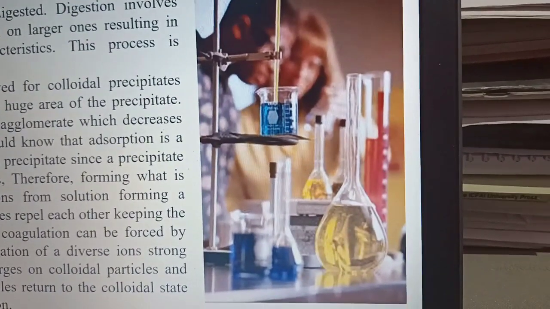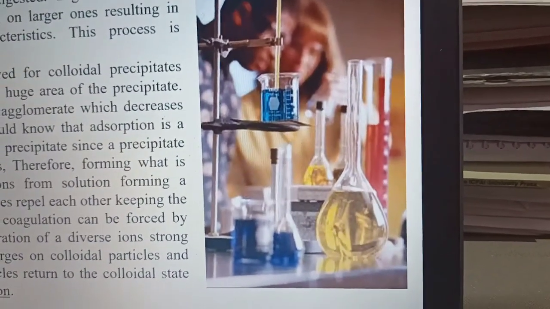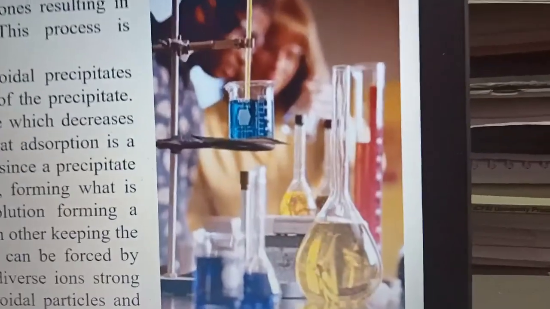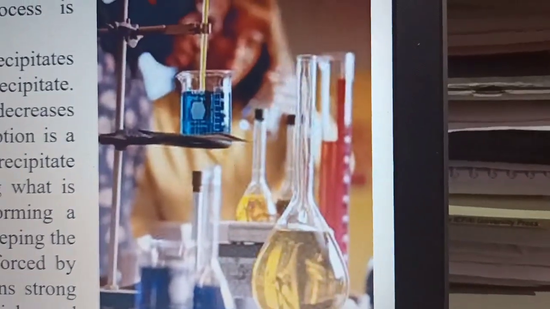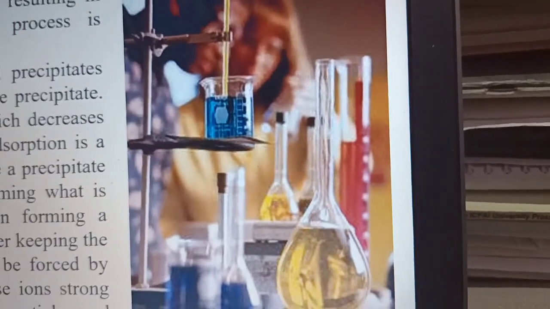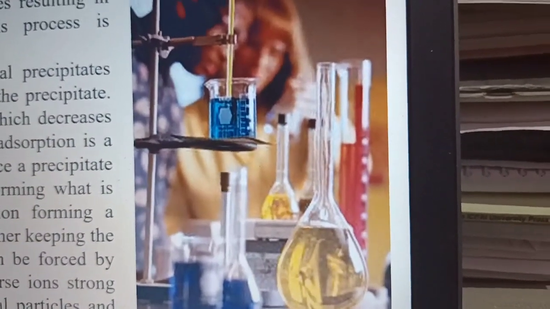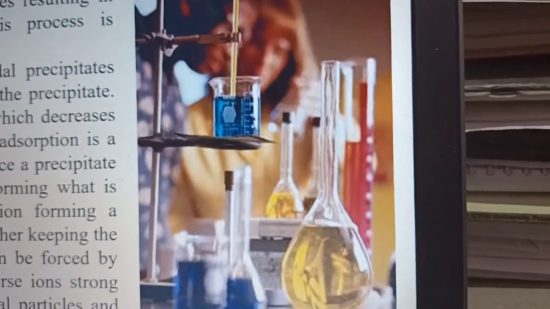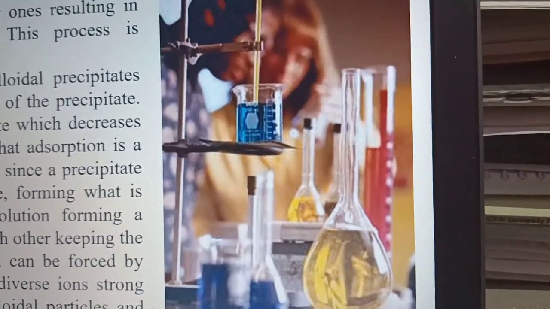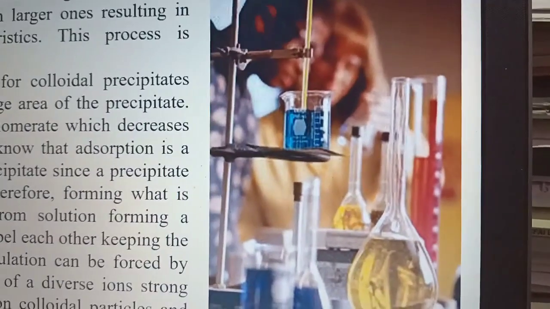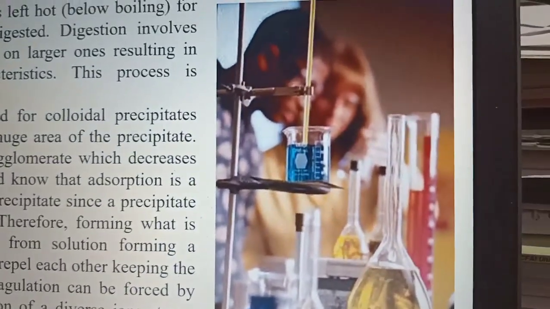Then a thermometer is kept and it is heated slowly, and a reagent that is called precipitating agent is added slowly, and on heating gently one will get a precipitate. So that is digestion of the precipitate, which starts on heating at an optimum temperature.